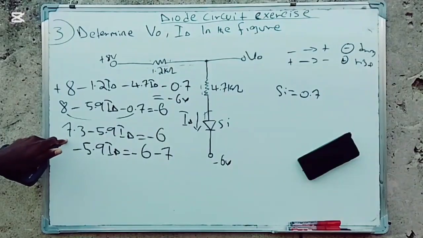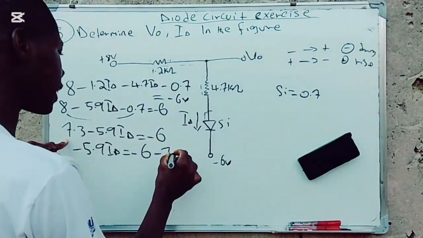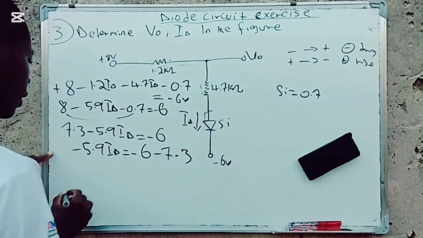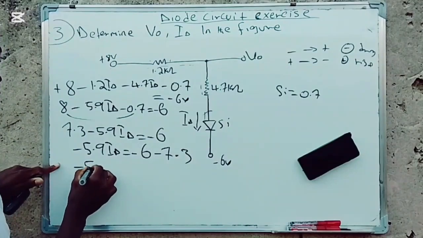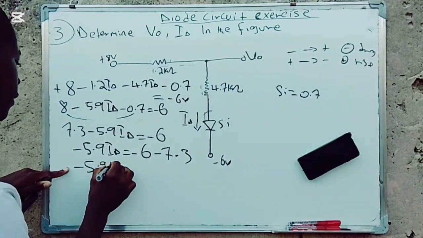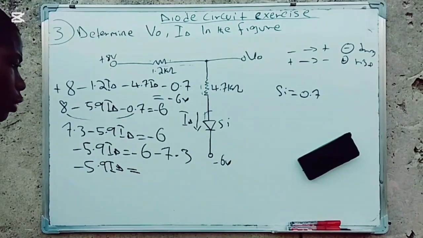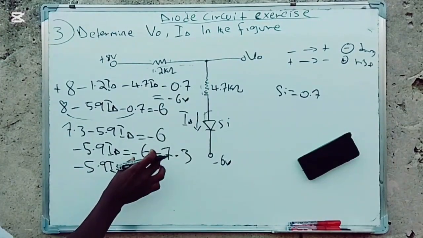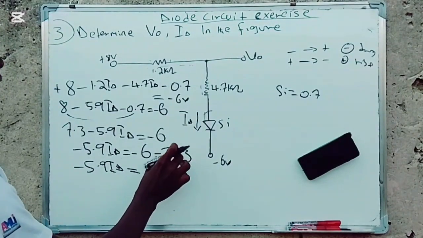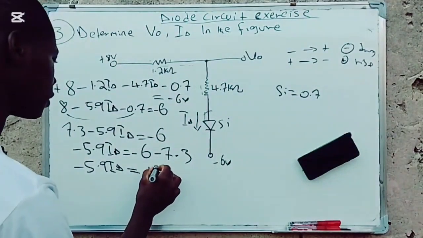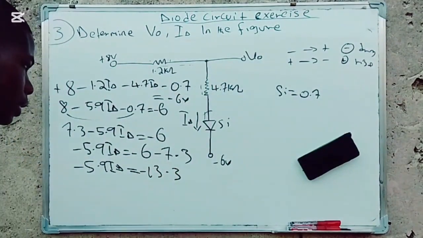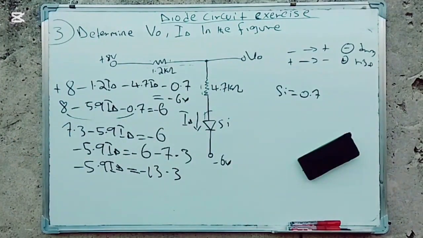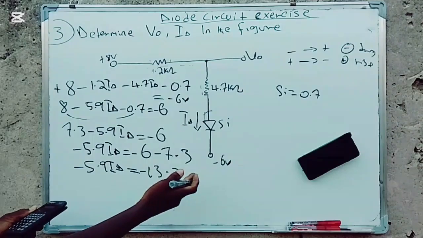This gives negative 13.3, because minus 6 minus 7.3 gives 13.3.